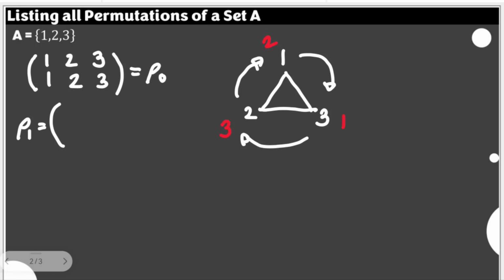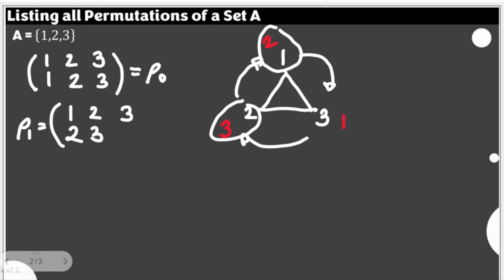So 1 is now mapped to 2, 2 is now mapped to 3, and 3 is now mapped to 1. This is now your second permutation.